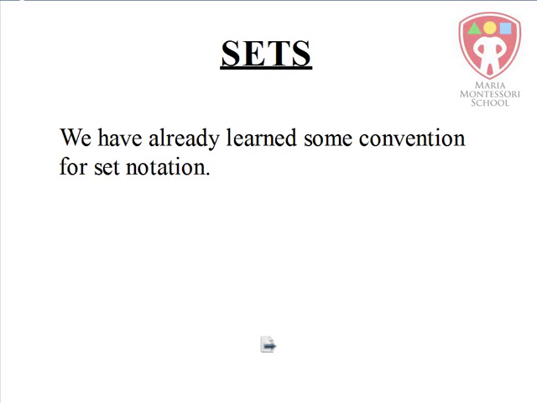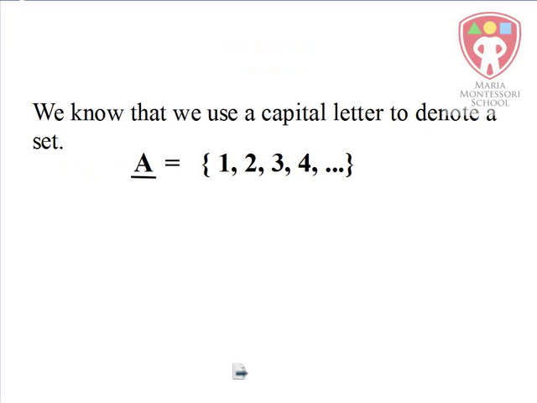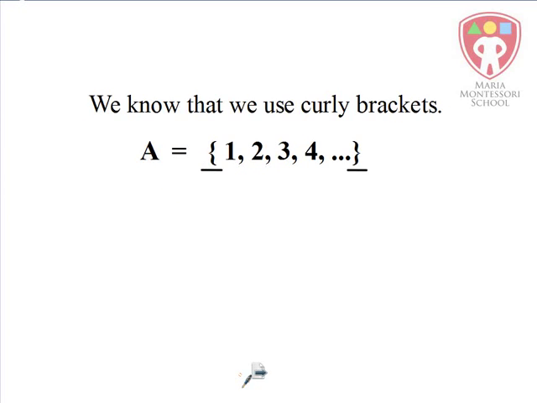Sets. We have already learned some conventions for set notation. Let's briefly review some of them. We know that we use a capital letter to denote a set. We use curly brackets to contain the members or elements of a set.